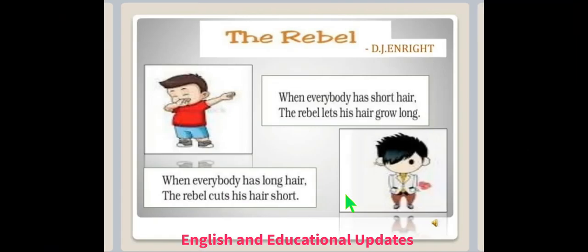Now let us look at the title, the name of the author, and the lines extracted from the poem. The poem is written by D. J. Enright, and the pictures here are depicted to resemble the meaning. So let us get started. When everybody has short hair, the rebel lets his hair grow long.